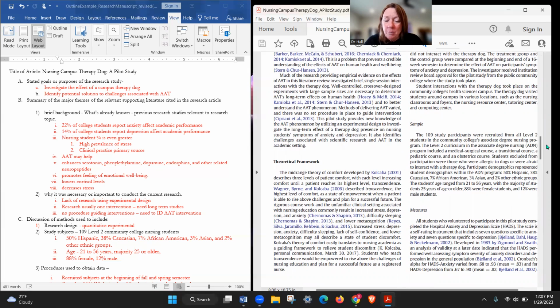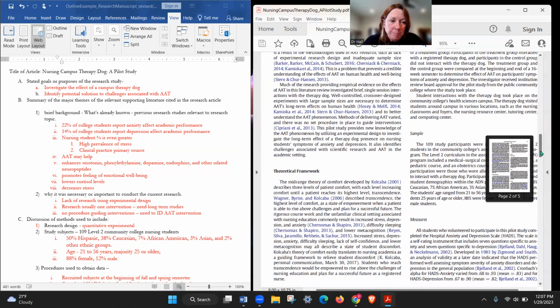Not all research studies cite what that theory might be or even use it, depending on the quality of the research study. So there's not a piece about your theoretical framework on your outline that you need to include. But when you go through and read it, check it out, see what you think. Everything we do is based on theory.